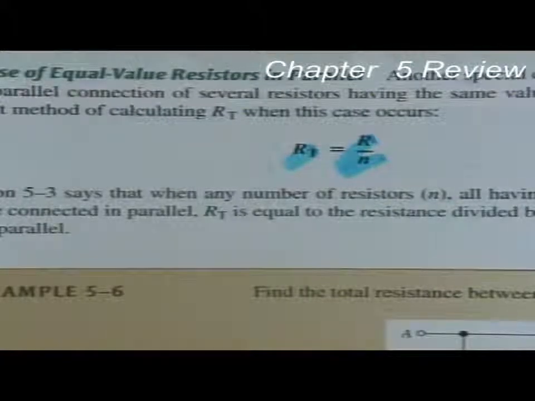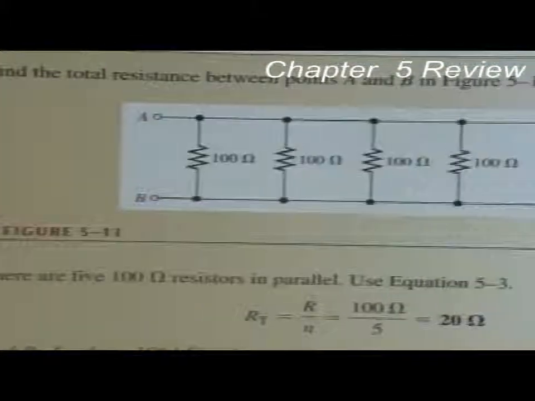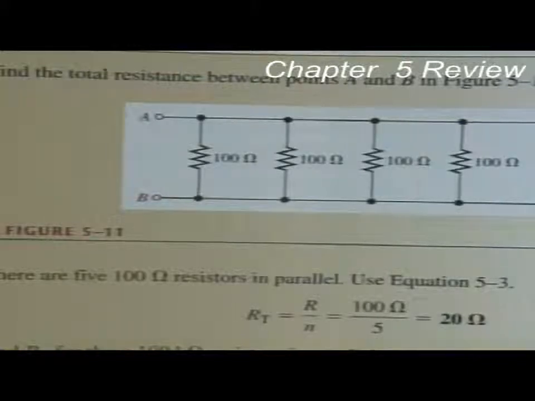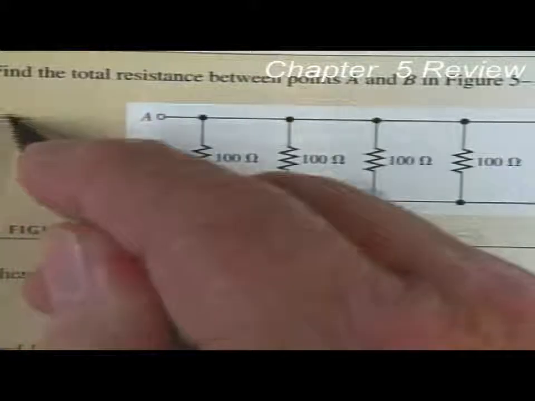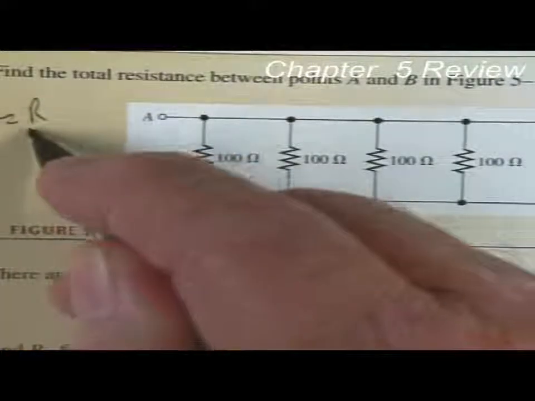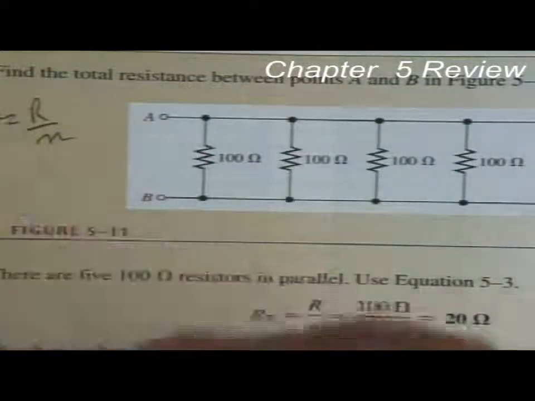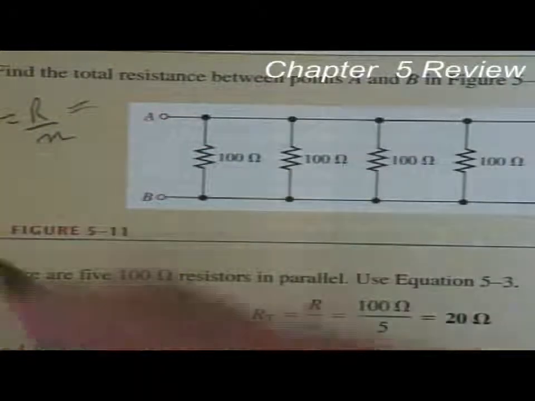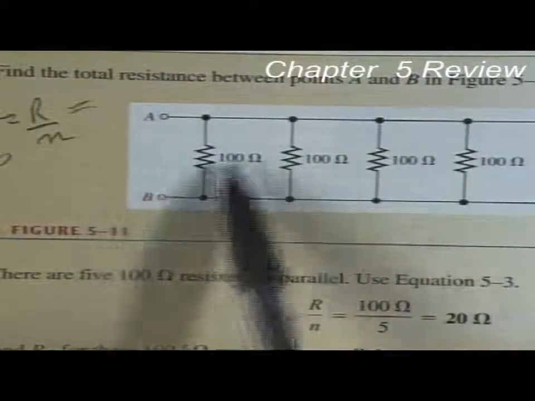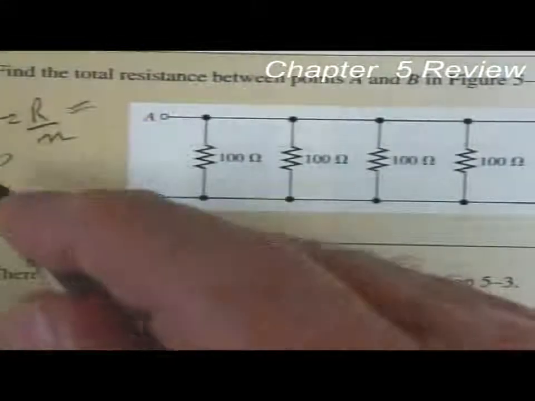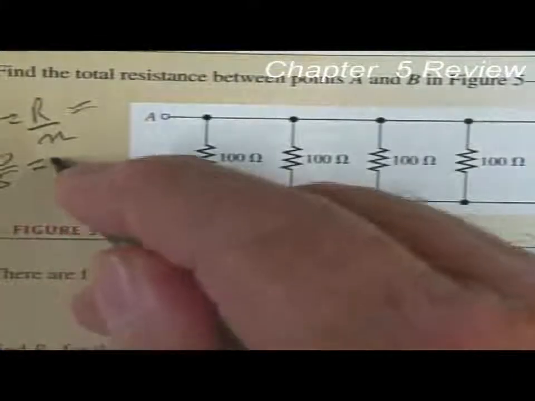For example, if you had 100 ohm resistors, all 100 ohm resistors here, we can use the formula that RT equals R over the number of resistors. Okay, in this case, R is equal to 100 divided by how many resistors? 1, 2, 3, 4, 5. By 5. And the total resistance there is going to equal 20 ohms.